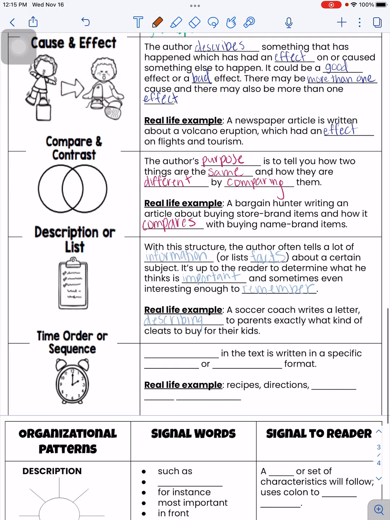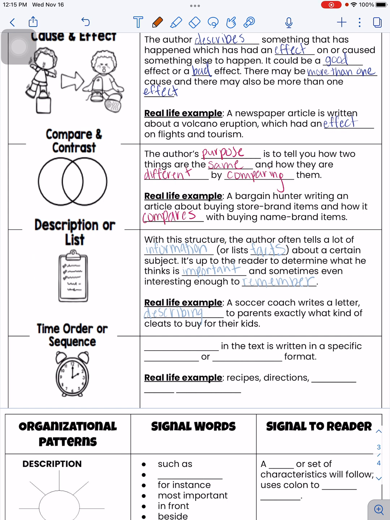So the last organizational pattern we're going to look at is called time, order, or sequence. You might often also hear it referred to as chronological. All of those words mean a similar thing.